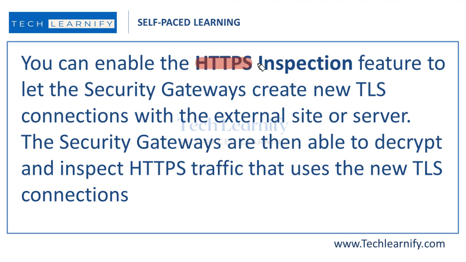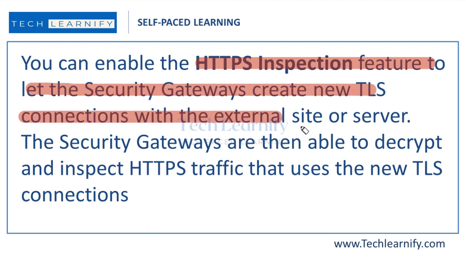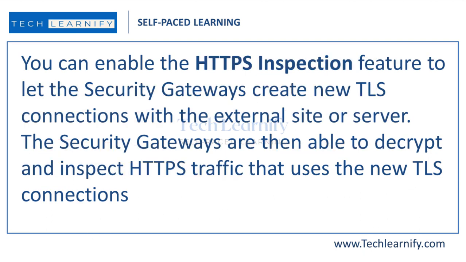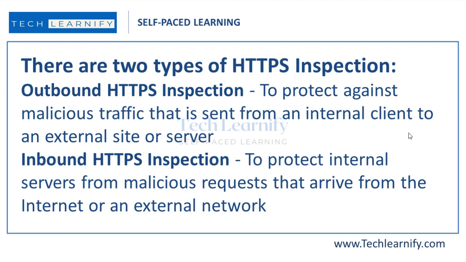You can enable the HTTPS inspection feature to let the security gateway create new TLS connections with the external site or server. The security gateways are then able to decrypt and inspect HTTPS traffic that uses the new TLS connections. There are two types of HTTPS inspection in Checkpoint.